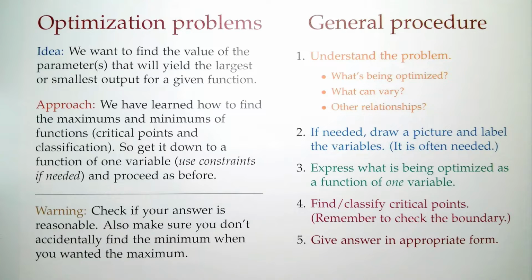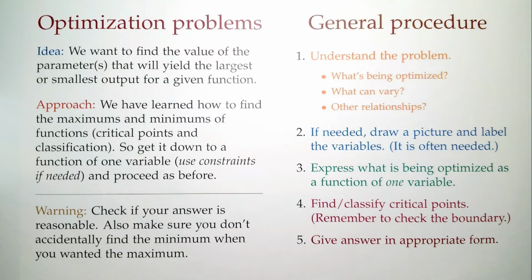So 20,000 is amazing. But they didn't even think to say, hey, that doesn't make any sense. So you should always say, does your final answer make sense? Is it intuitively something that's reasonable? If it's not reasonable, you should check your work. It could be that there's something amazing happening. I don't want to rule that out. But you should always be suspicious if things are very unreasonable. For instance, if you're trying to maximize area and your final answer is a negative number, that's an unreasonable thing.